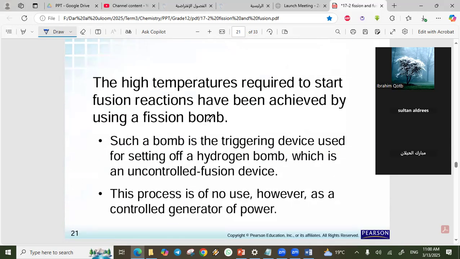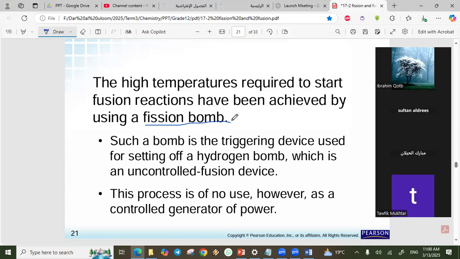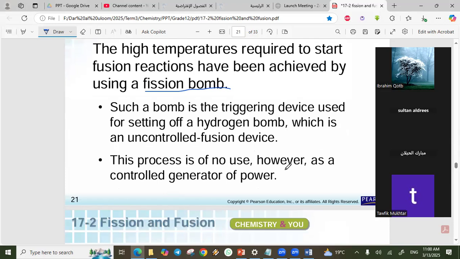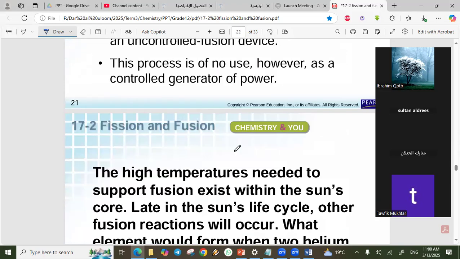To provide this high energy, we can use a fission bomb. It's a triggering device used for setting off a hydrogen bomb, which is an uncontrolled fusion device. You cannot control the fusion process.